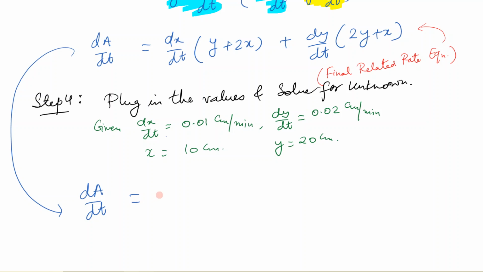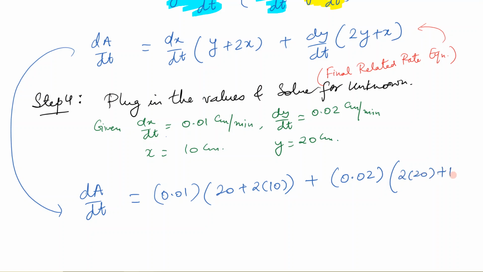So dx over dt is 0.01 centimeter per minute. So y is 20 and 2 times x is 10, plus dy over dt is 0.02 and 2y means 2 times 20 plus x means plus 10.